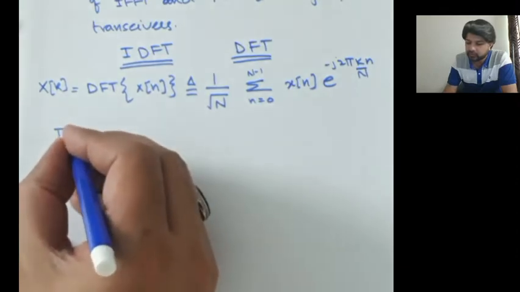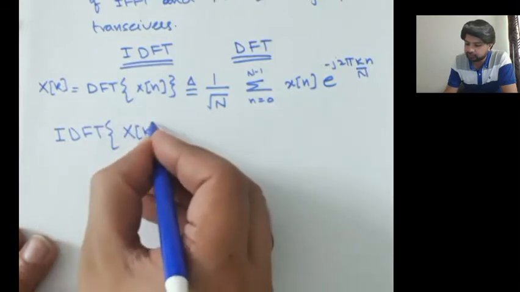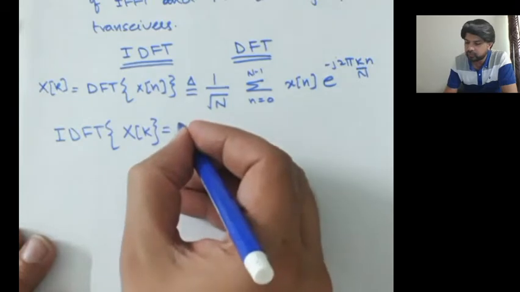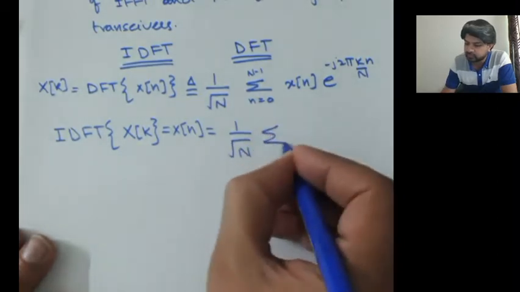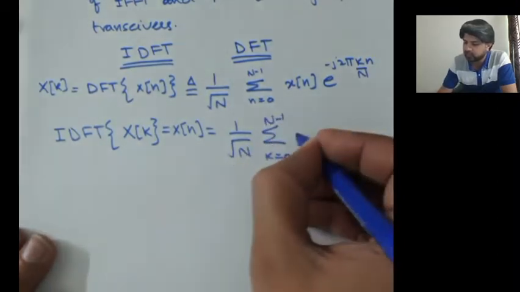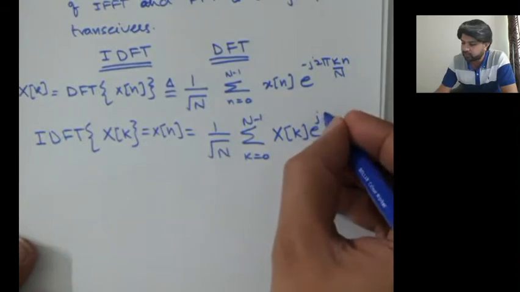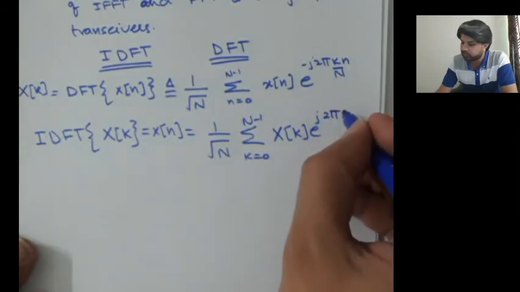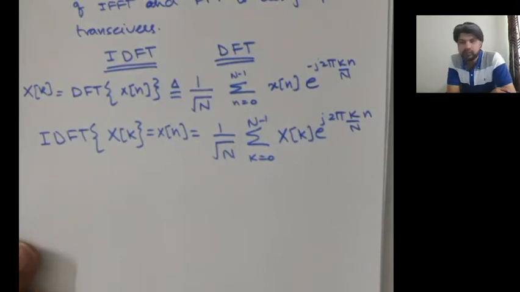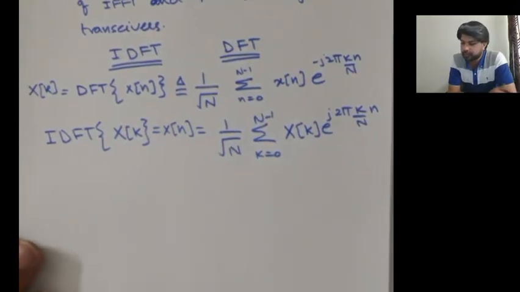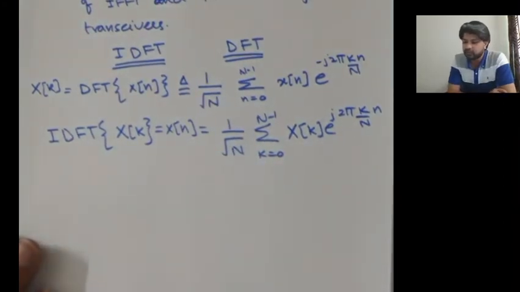The inverse discrete Fourier transform of this function X of k would give you your x of n back, and that would be equal to 1 over root N, summation k equals 0 to capital N minus 1, X of k e to the power plus j 2 pi kn over N. So this now is a function of n, because k is now consumed in this summation.